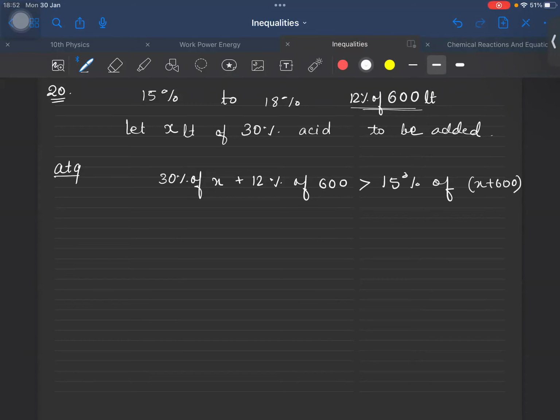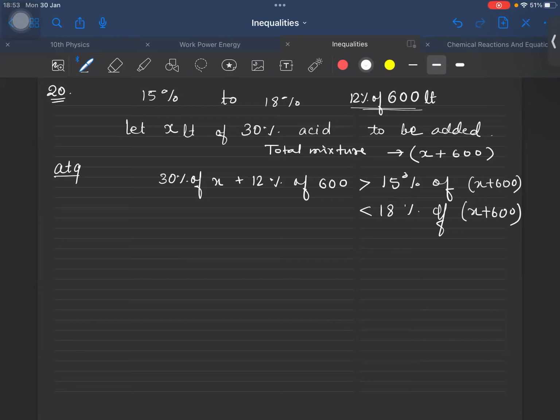This is the total mixture: X plus 600, because we have assumed X liters of 30% acid solution is to be added. And it should be less than 18% of X plus 600. So write it all together, or you can solve it separately also.